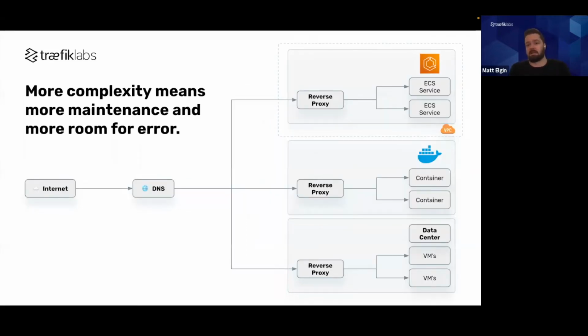And then obviously that can grow even more from there. We can start looking at multiple different types of container orchestrators, multiple cloud presences, bridging across public cloud and non-cloud presences. So that means there's more maintenance, more complexity to plan for, more room for error overall as we're handling the configuration and security for all this stuff.